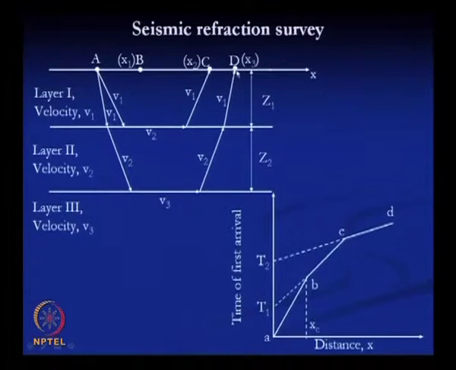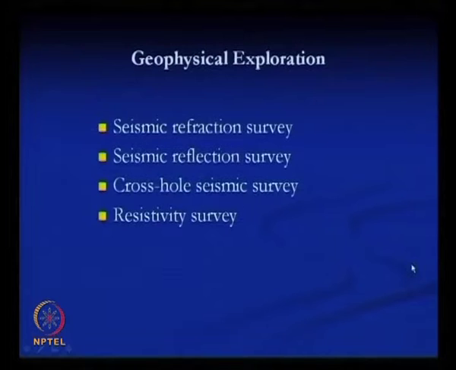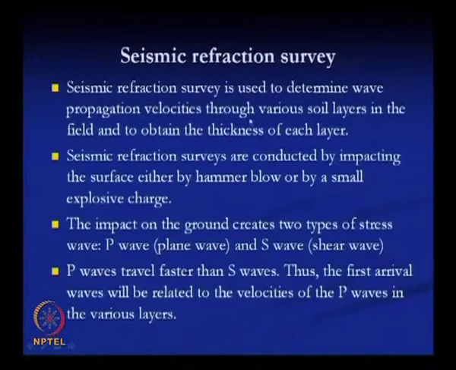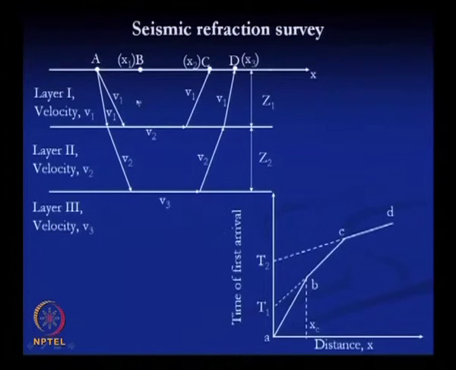B, C, D are the points of receivers or geophones. So the velocity that we determine is basically the velocity of the P wave generated by the hammer blow or the explosive charge. Now, how do we determine this velocity and the thickness of each layer?